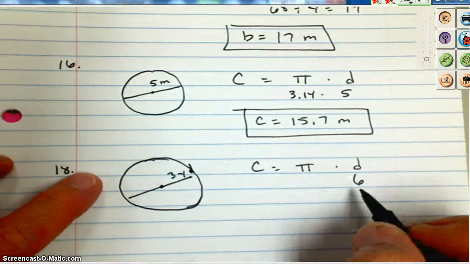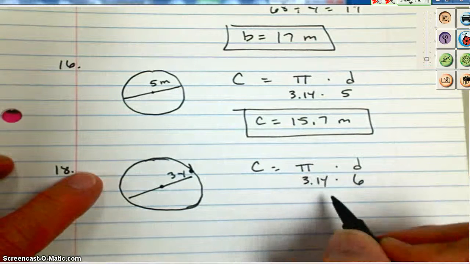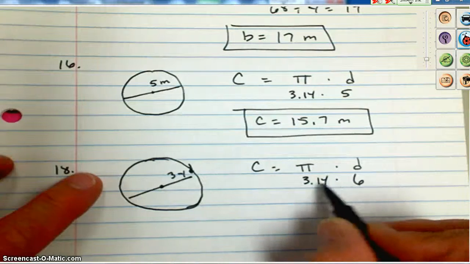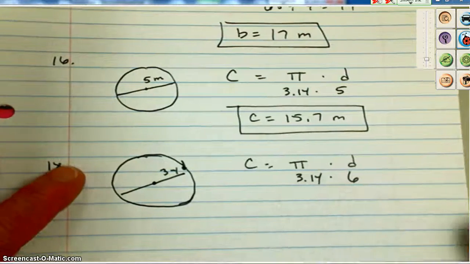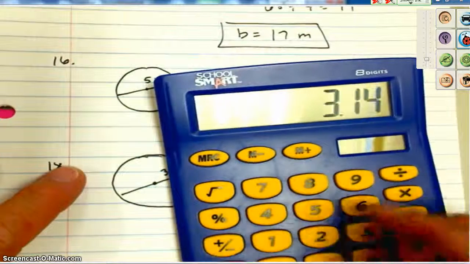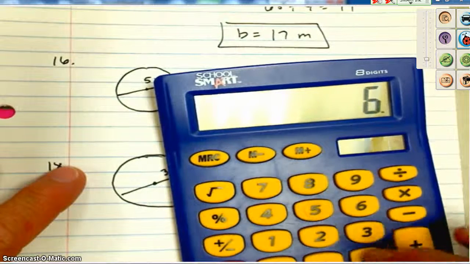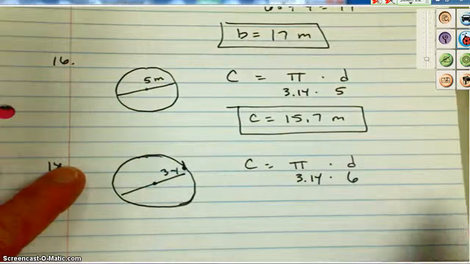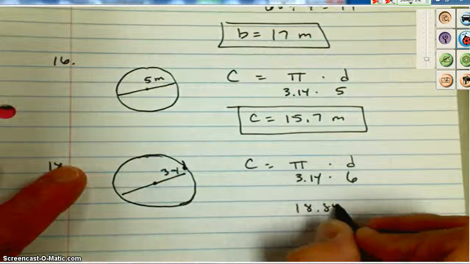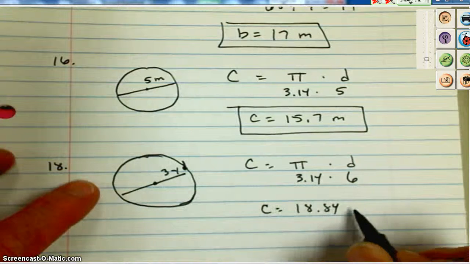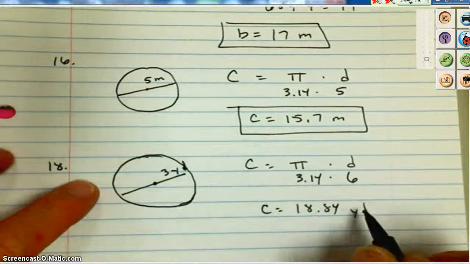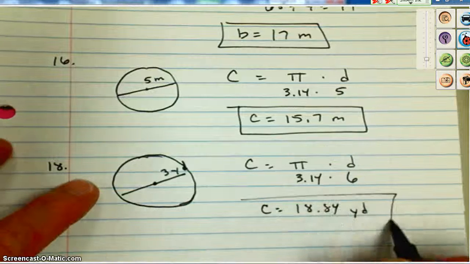Let's double that, and we multiply that times pi. It's going to be about 18 because 3 times 6 is 18, a little bit more than that though. So 3.14 times 6 is equal to 18.84. Our circumference is equal to 18.84 yards, and of course we box that in.